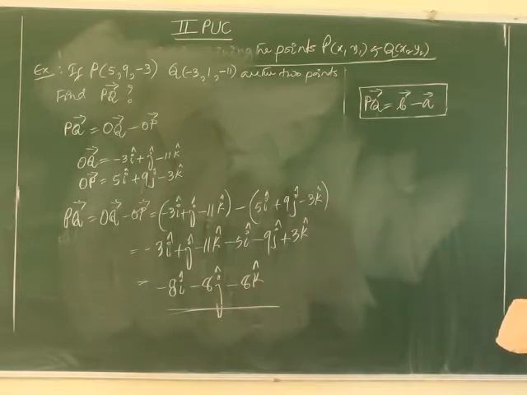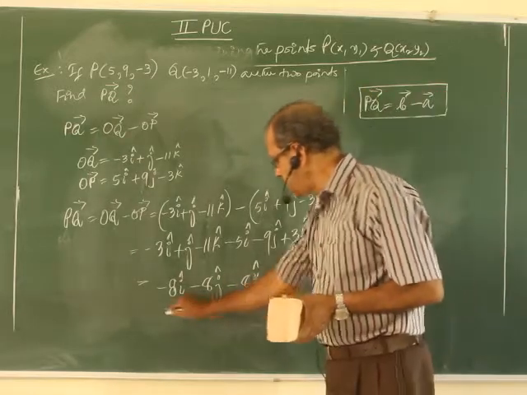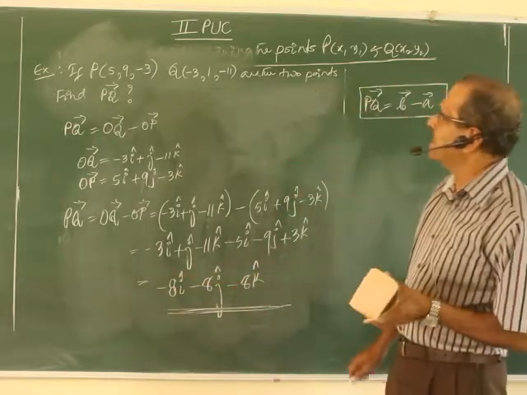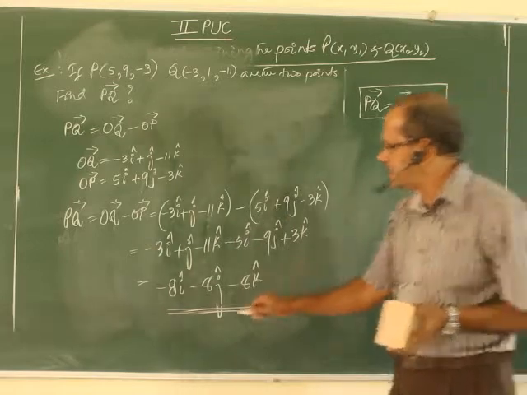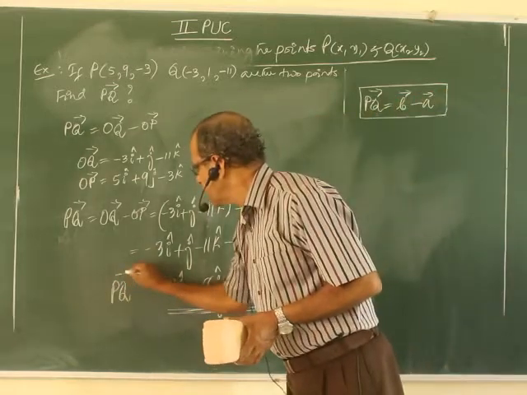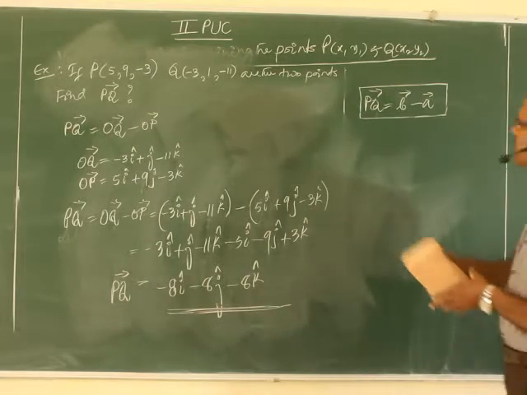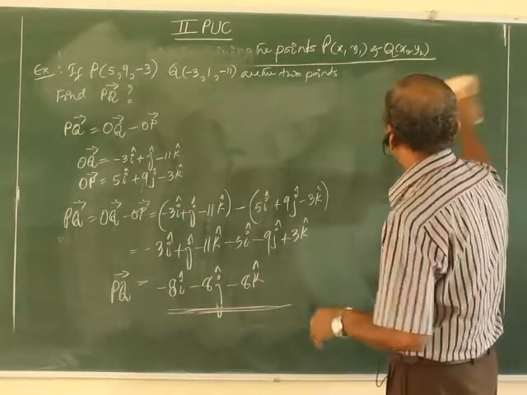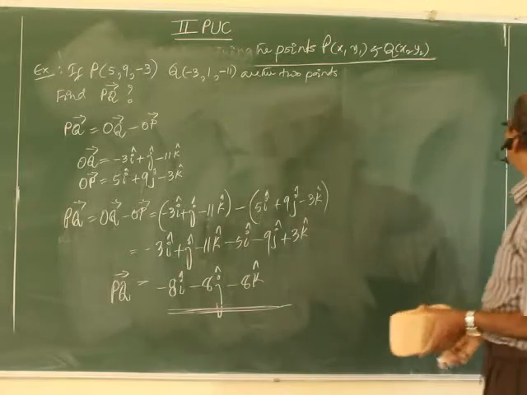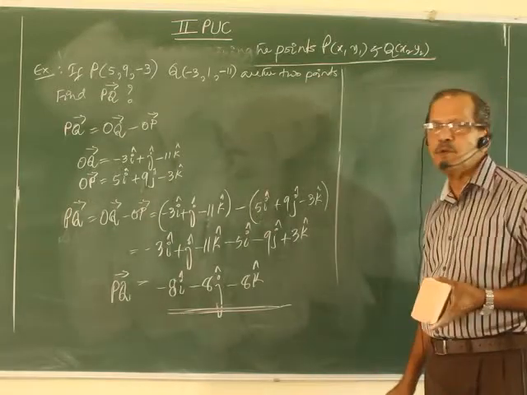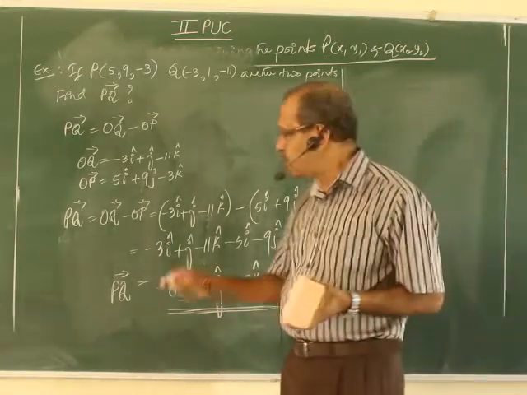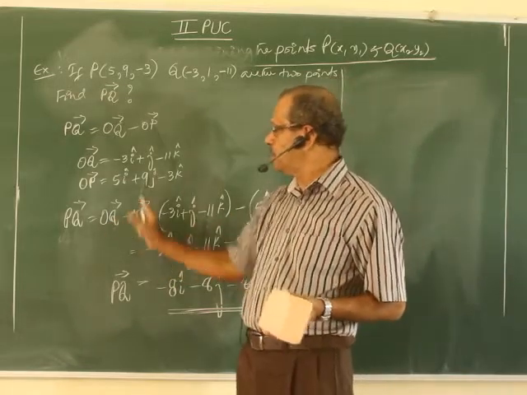Subtraction: minus 8, minus 8, minus 8. Correct. Anyway, the vector represented by PQ is minus 8i minus 8j minus 8k. Remember, it is just the subtraction of the position vectors of 2 points. That's all. That too, end point first: OQ minus OP.